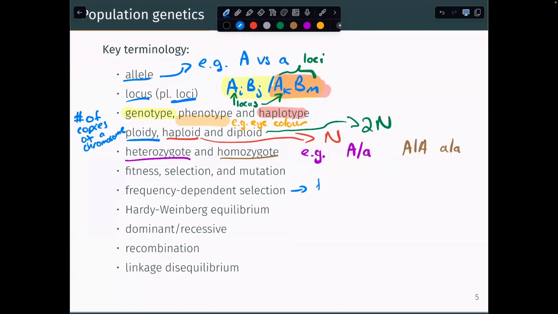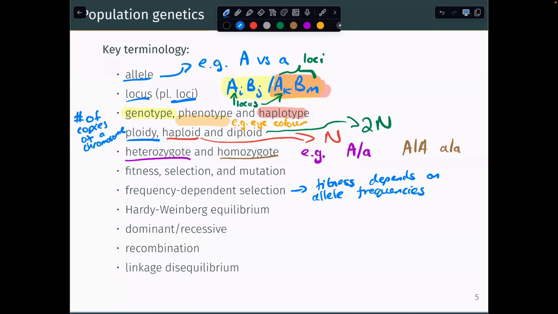And this is a case where fitness depends on frequency, so it depends on allele frequencies, one or more. And this can arise for a number of reasons, typically due to some kind of interaction.